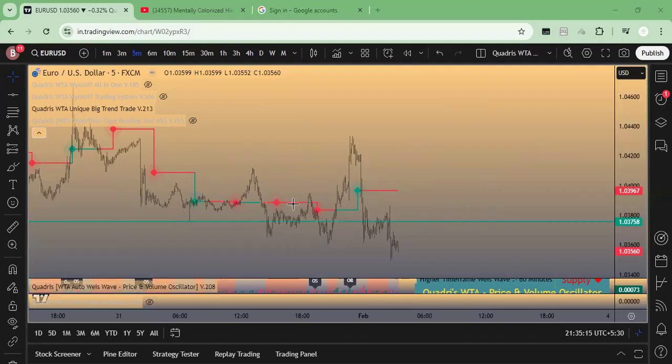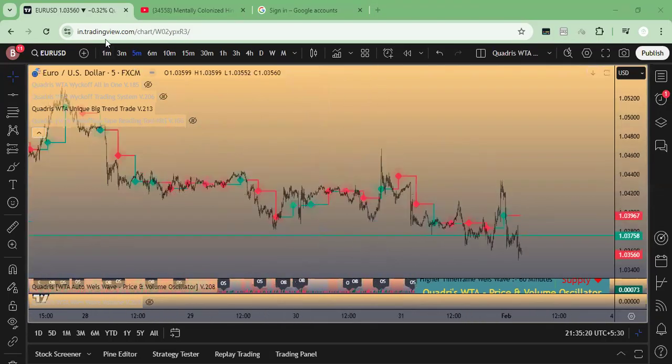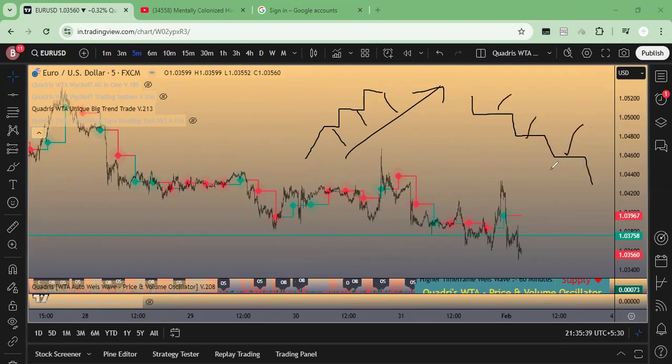Now, what is the logic behind this entire indicator? It comes with a simple logic. If we are trending, it should go like this. This level, this level, this level holds importance when the trend is upward. If the trend is downward, this level, this level, this level holds importance.